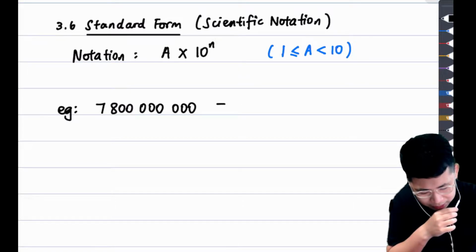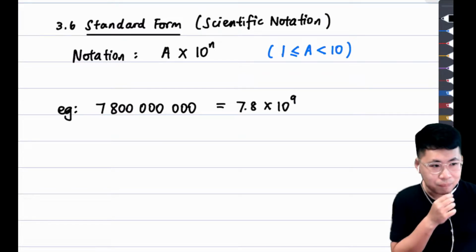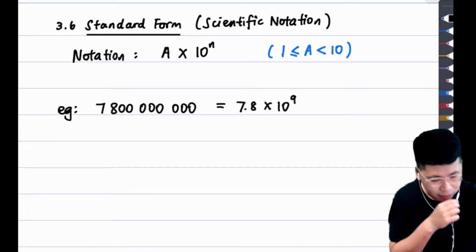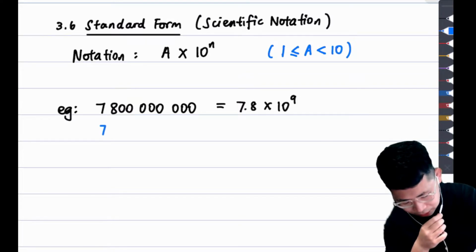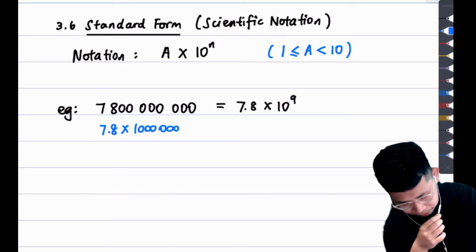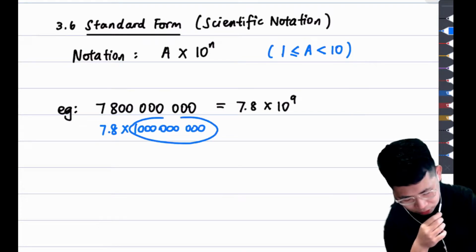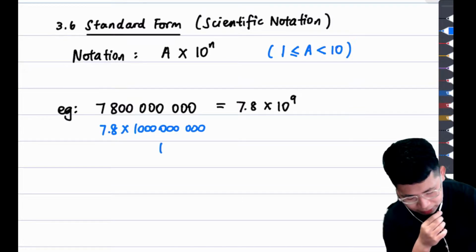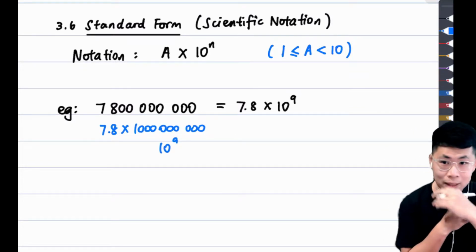It is not approximate, it is equal to 7.8 times 10 to the power of 9, because we can express this as 7.8 times 1 billion. And what is 1 billion? 1 billion is actually 10 to the power of 9.